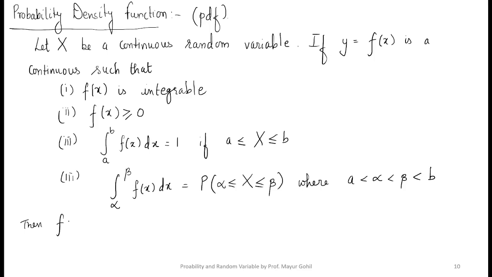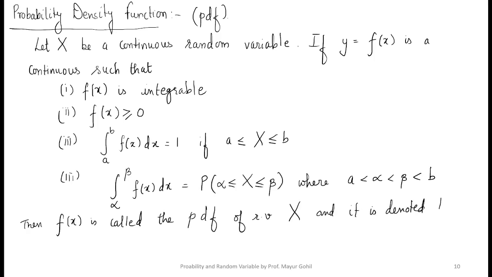then f(x) is called the PDF of random variable x. It is denoted by f with suffix capital X, bracket x, or simply we write it as f(x).